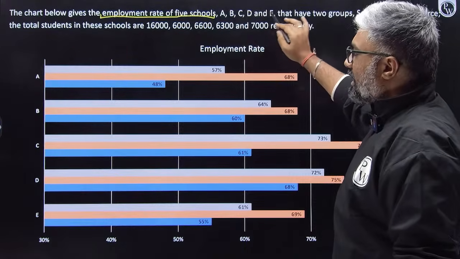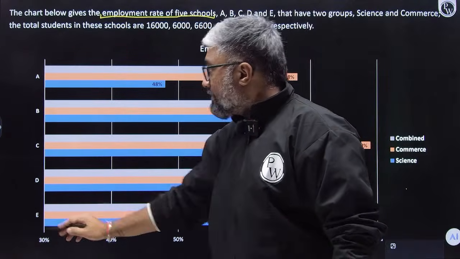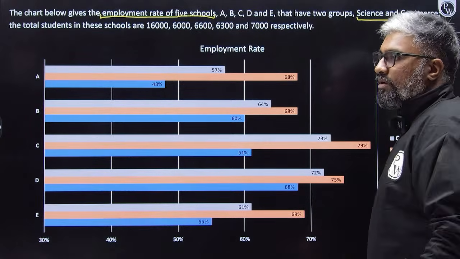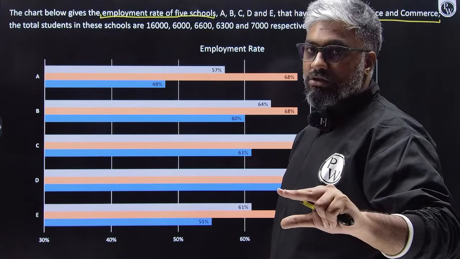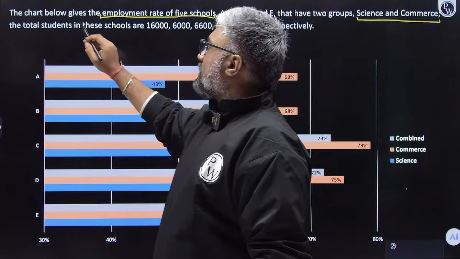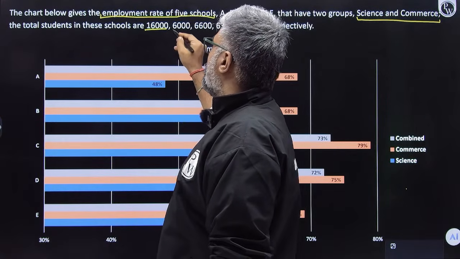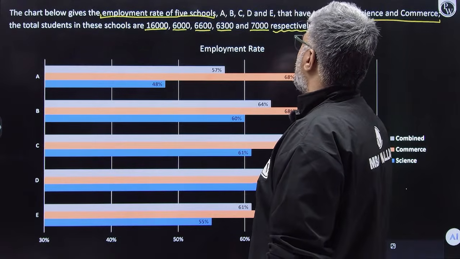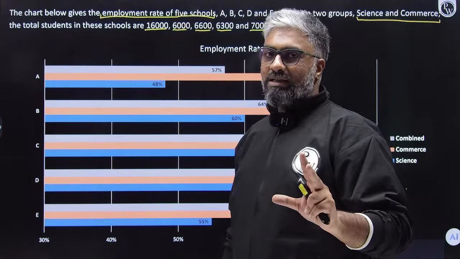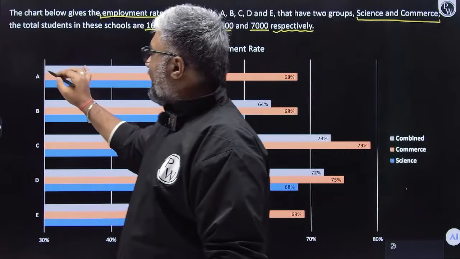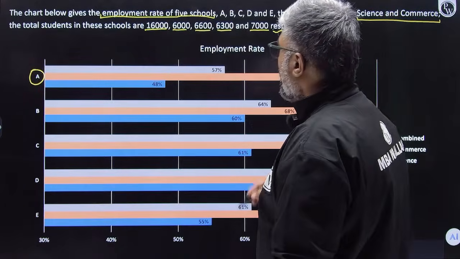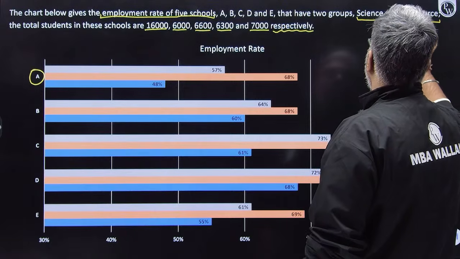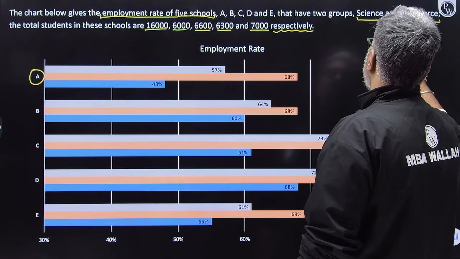So 5 schools A, B, C, D, E that have 2 groups, science and commerce. Total students in these schools are 16,000, 6,000, 6,600, 6,300 and 7,000 respectively. For school A, there's a total of 16,000 students.